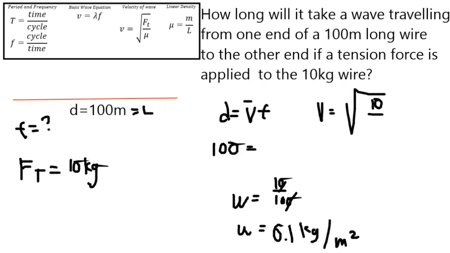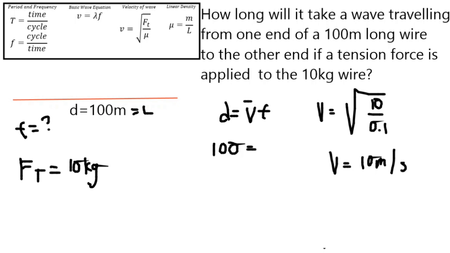Now we can just plug it into our velocity of wave equation. 10 divided by 0.1, and then take the square root of it. We got this. So the wave is traveling at 10 meters per second.